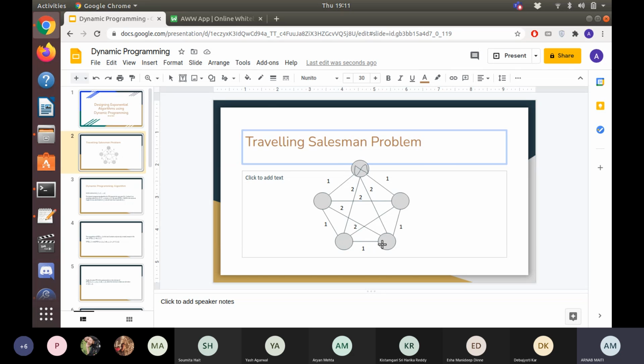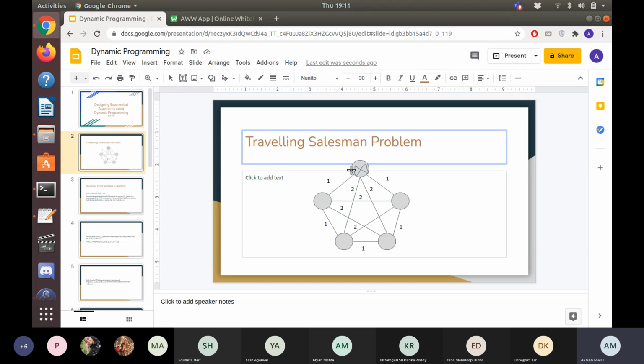Suppose each of these is a city, and there are roads connecting each and every city, and the weight of an edge you can consider to be the distance between two cities. What you want to do is start at this city, travel all the cities, and then come back to the original city. That's your aim, and you want to do it by covering as little distance as possible. So that's the aim of this problem.